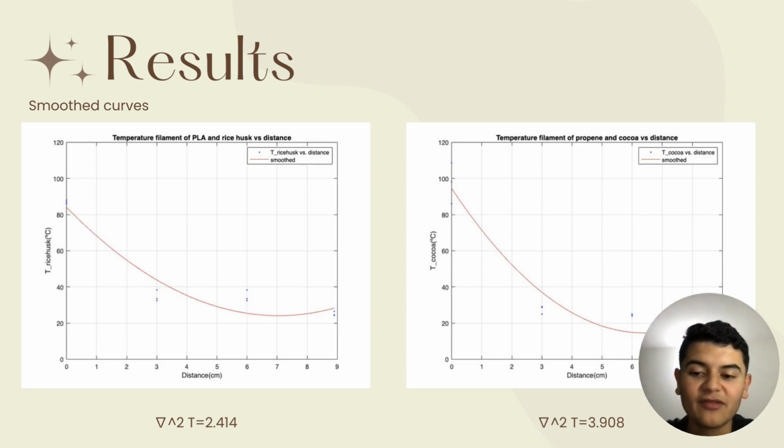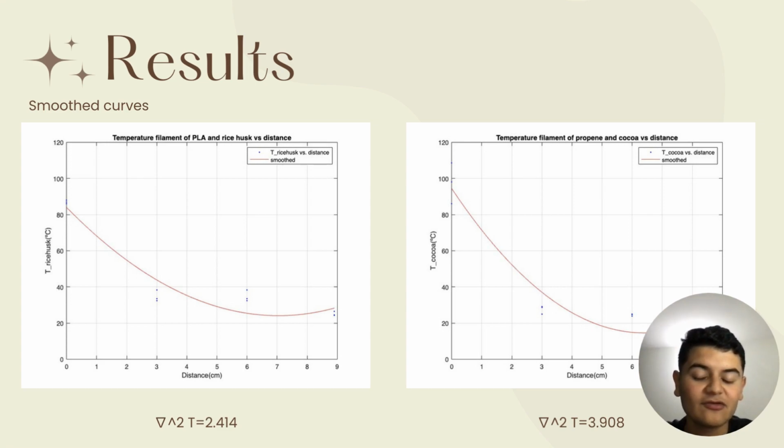When smoothing the curves using the curve fitting toolbox of MATLAB, the estimated curve that MATLAB gives us with a second degree polynomial is this smoothed curve. The second derivative also shows us the inflection point of the data.